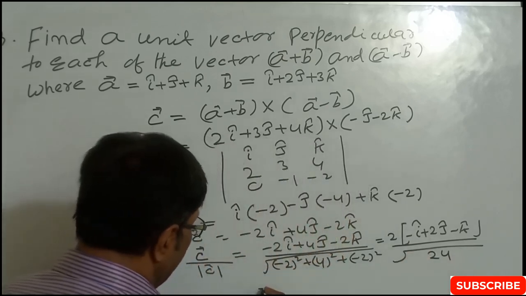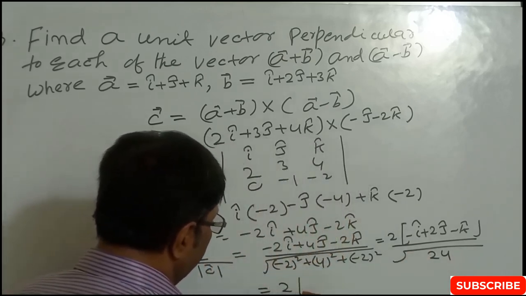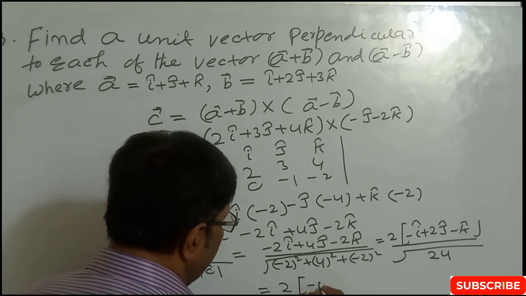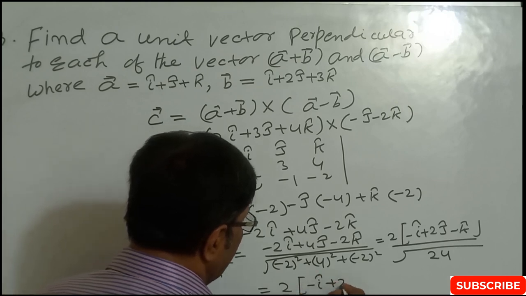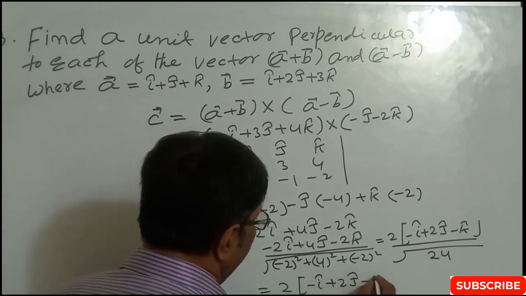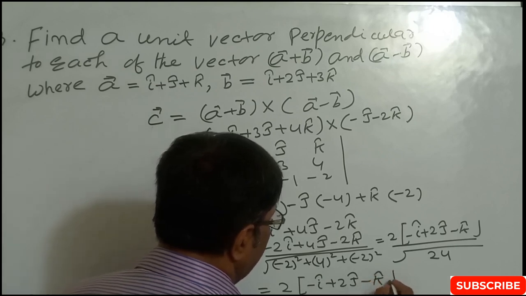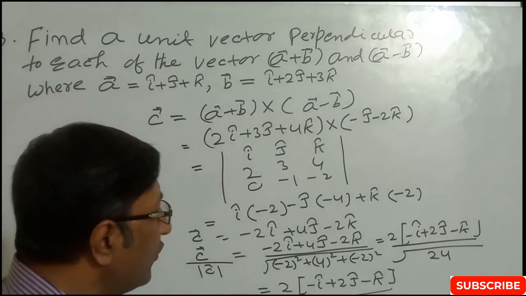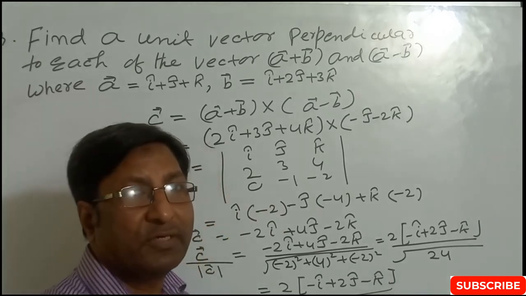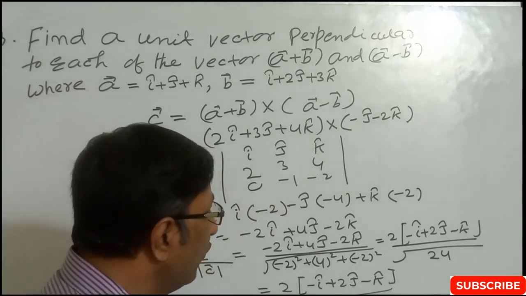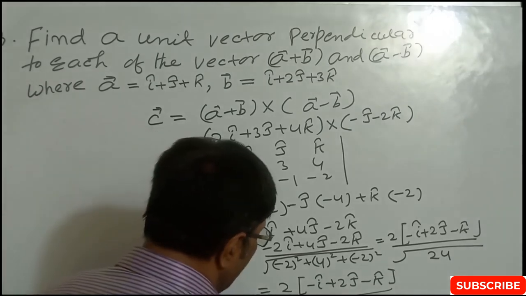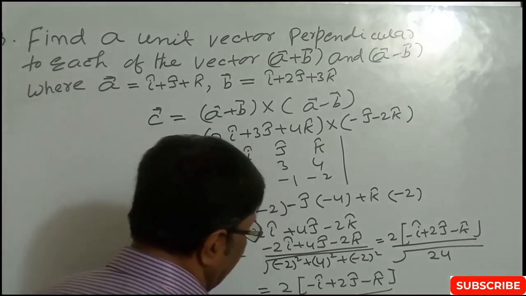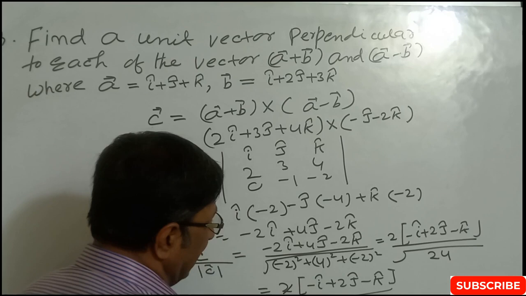Now आप लिख सकते हो 2 into minus unit vector i plus 2 unit vector j minus unit vector k and divide 24. So what is square root of 24? You know 4 6 are 24. So 2 root 6. So we can write 2 root under 6. This 2 and this 2 cancel out.